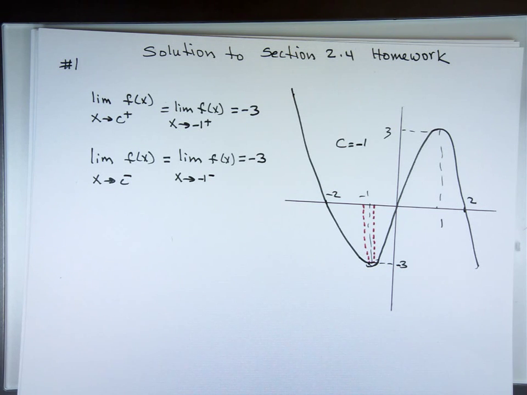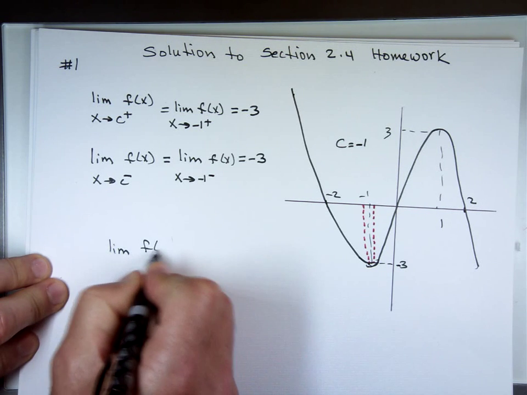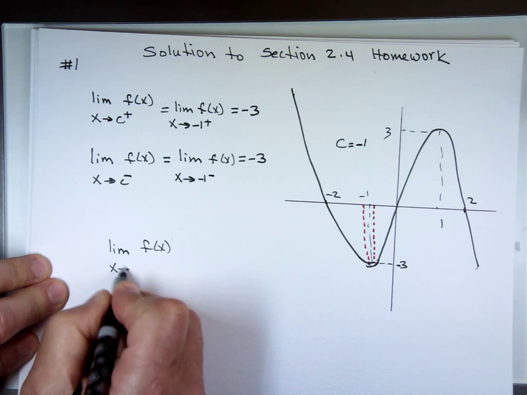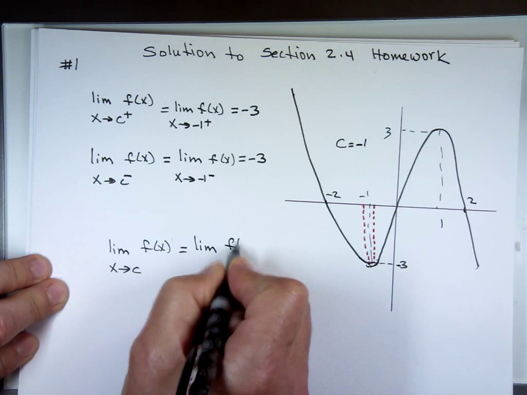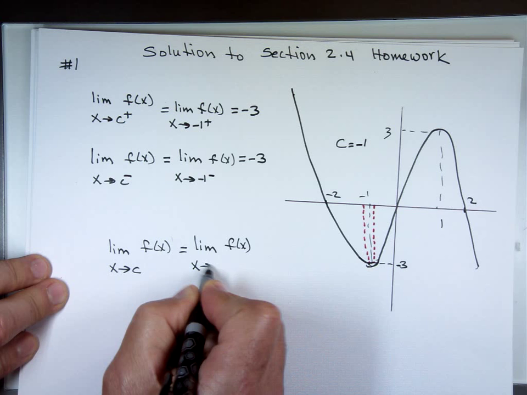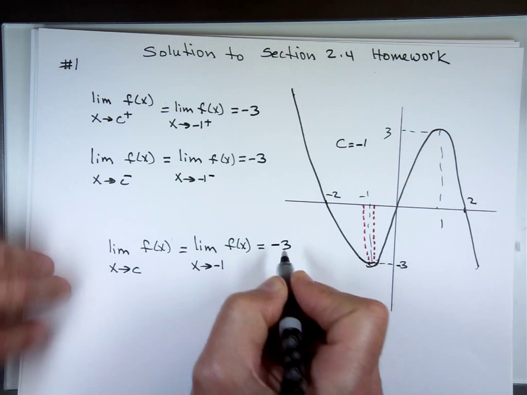The left matches the right. So the next question is, what's the limit of f of x as x approaches c? It doesn't say which side. Since the values are matching, the result is what? -3.